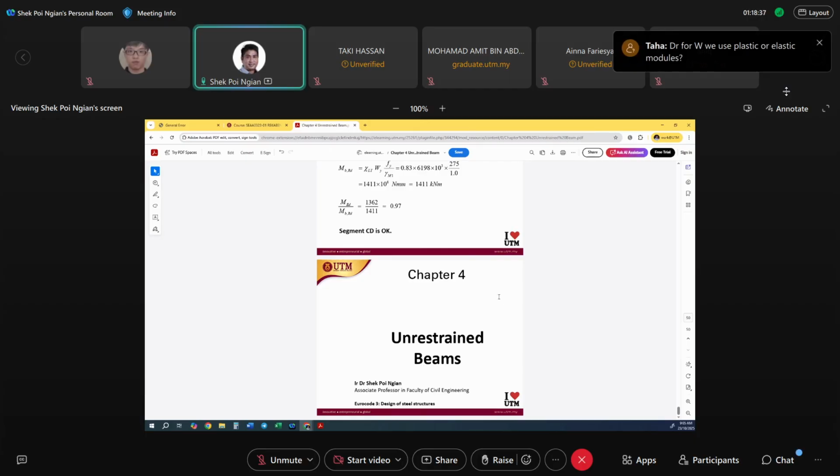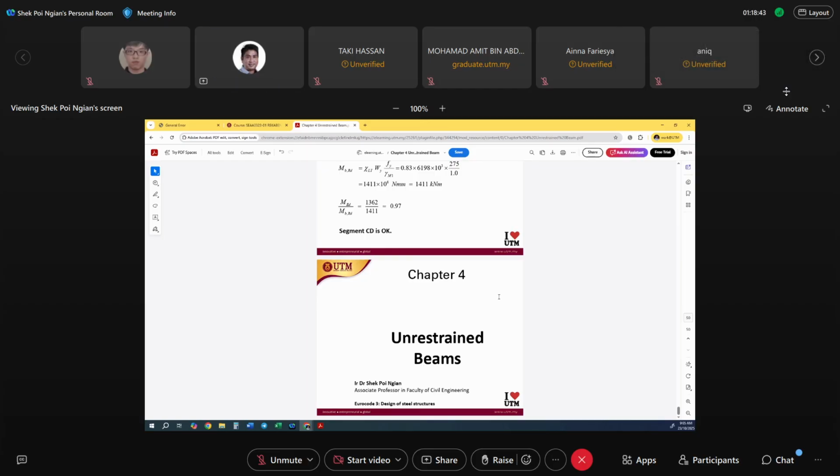So to complete a design of unrestrained beam, you have to start with the analysis, section classification, check shear resistance, and then check the moment resistance, plus checking of MBRD. Then if you have web bearing, web buckling, you check that. If you have to check the deflection, you check the deflection.